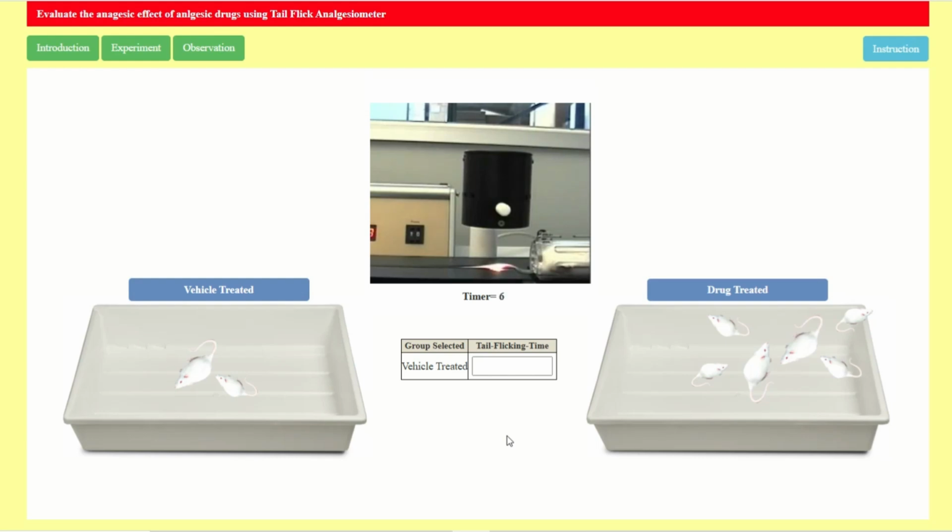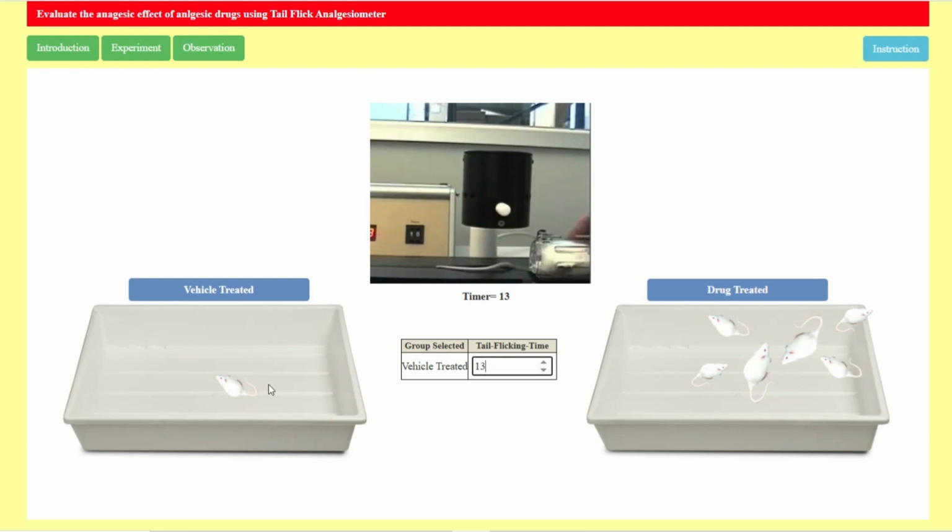Every animal has a different tolerance, so accordingly it is showing. Here it is showing 9, so we will write 9. We'll check another animal. The fifth animal is showing 13 for tail flick.